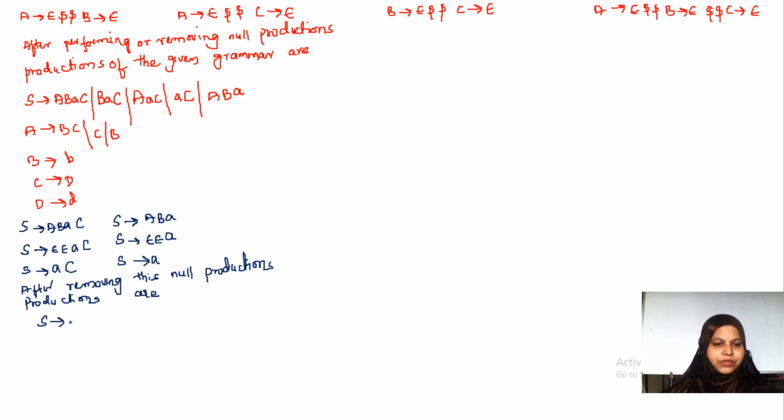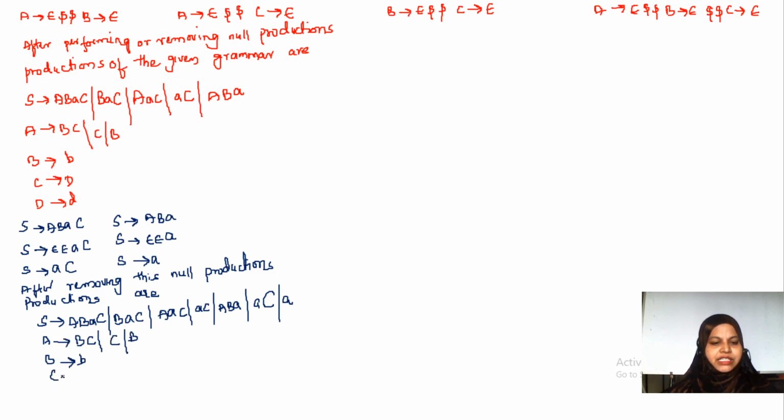S tends to A, B, A, C, B, A, C, A, C, A, B, A, then A, C, then A. Then A tends to B, C, C, B. Then B tends to B. C tends to D. D tends to D. Right? Next we will go for this one.